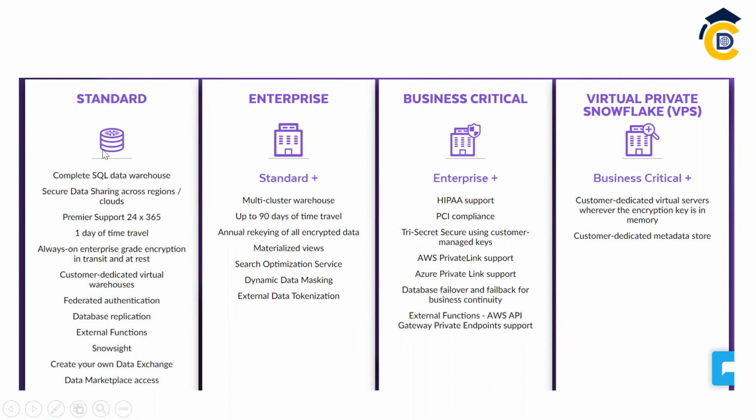The standard edition, the most basic one, says 1 day of time travel, which means for a table or an object, you can go 1 day back in time and see what the state was. You can check the historical data, whether it was deleted or changed. For example, if there is an employee row and the address changed the next day, you can go back 1 day and see the old address.